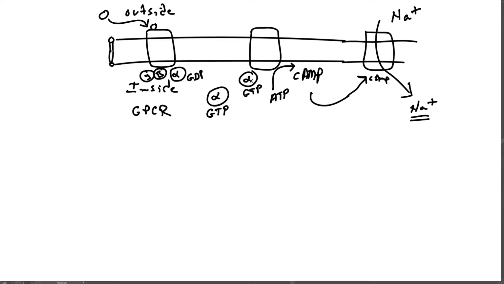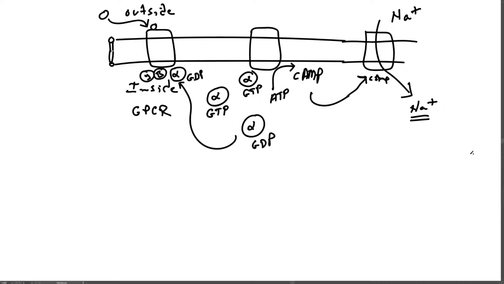The alpha subunit then hydrolyzes the GTP to form GDP, and now we have an alpha subunit associated with GDP, which comes back and reassociates with the beta and gamma subunit and the receptor. So the system is reset for the next ligand to bind to the receptor.